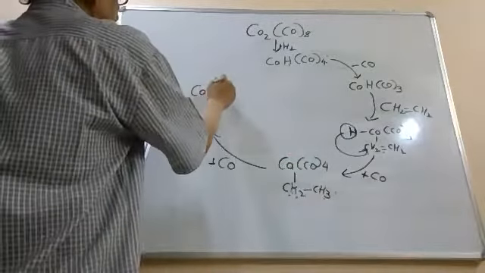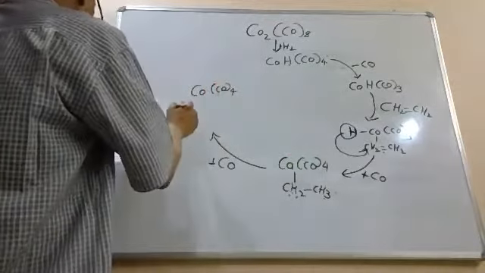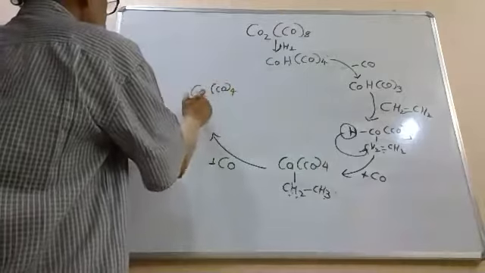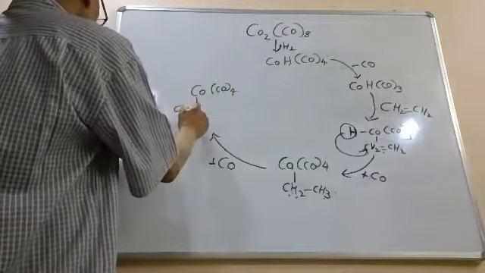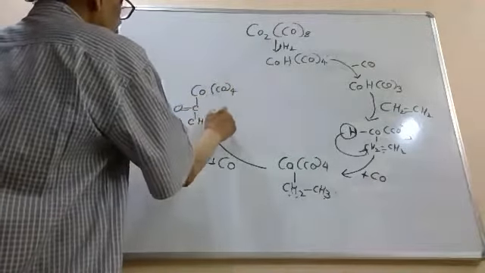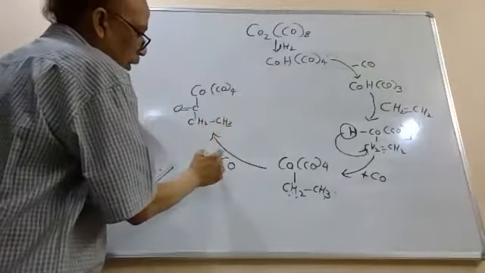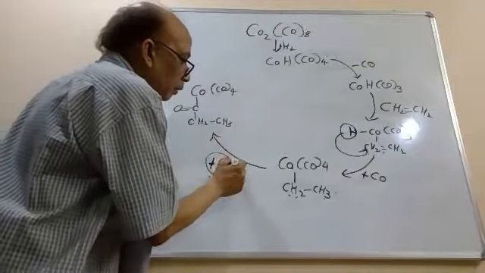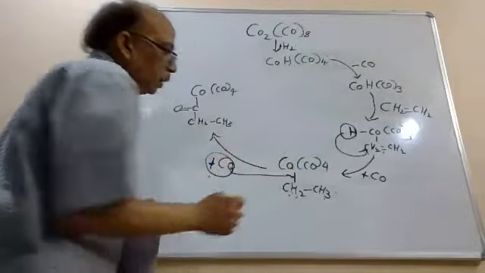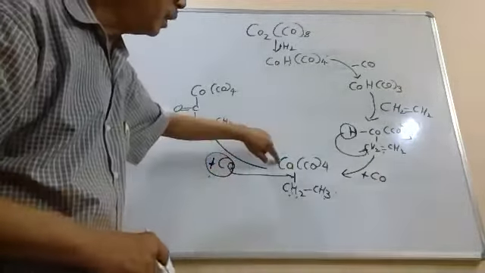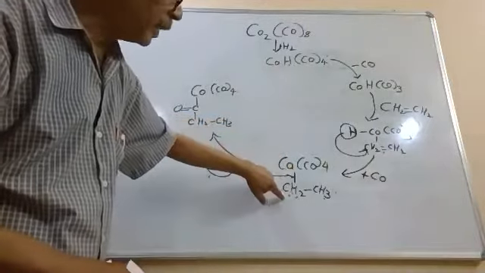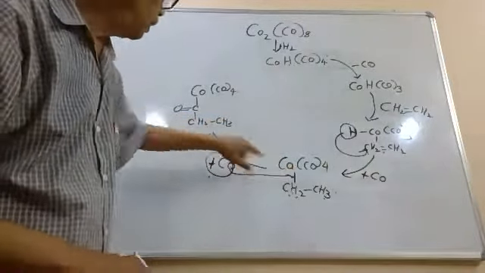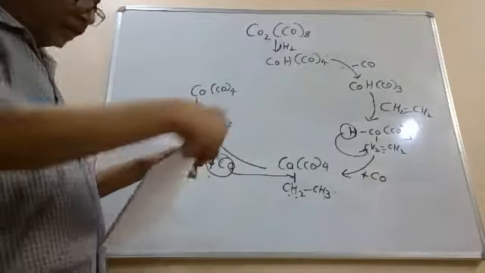So we get Co(CO)4 and C double bond O, CH2CH3. This is what we call insertion of a ligand. So one of the carbon monoxide molecules is getting inserted between the cobalt carbonyl complex and the ethyl group here, and in the process makes this fragment.